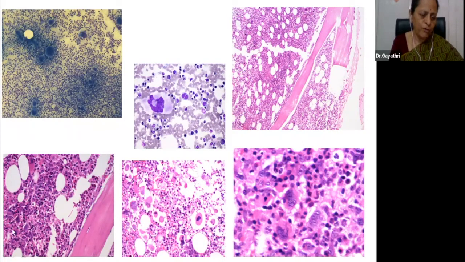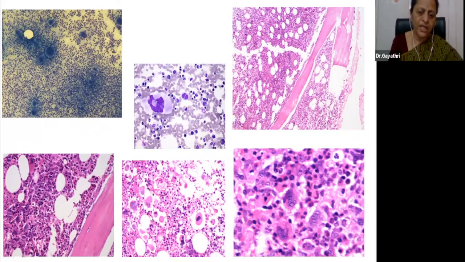More than 4 or 5 megakaryocytes in a cluster, we call crowding. They are crowded. See the number of megakaryocytes, and in fact, this chain of megakaryocytes, they seem to be inside a sinusoid. There is megakaryocytic crowding.